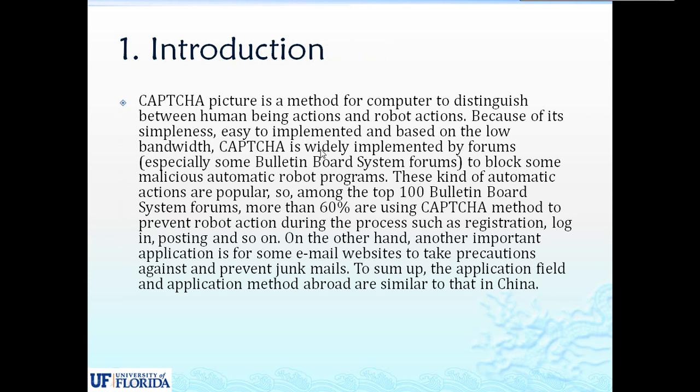First, I want to introduce a lecture about captcha pictures. Captcha is a method for a computer to distinguish between human actions and robot actions. Because of its simplicity, ease of implementation, and low bandwidth, captcha is widely used by forums, especially bulletin board system forums, to block malicious automatic robot programs.